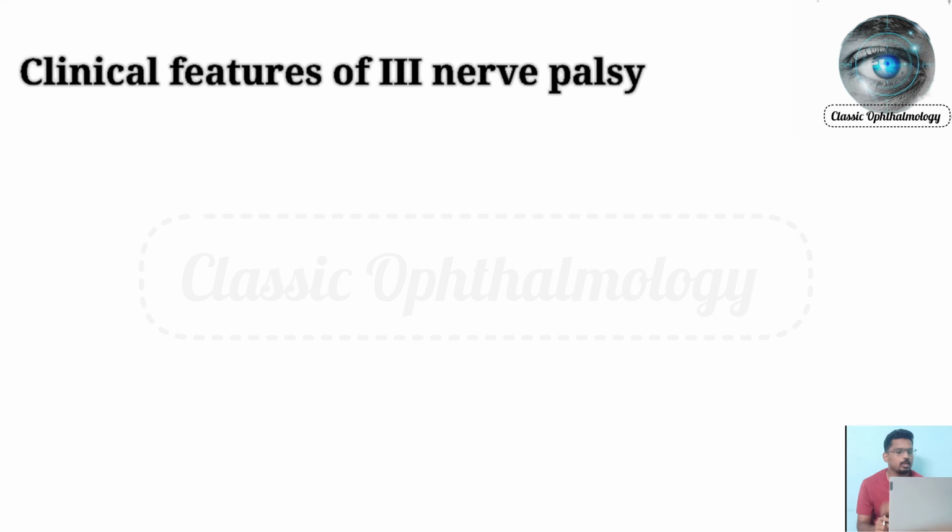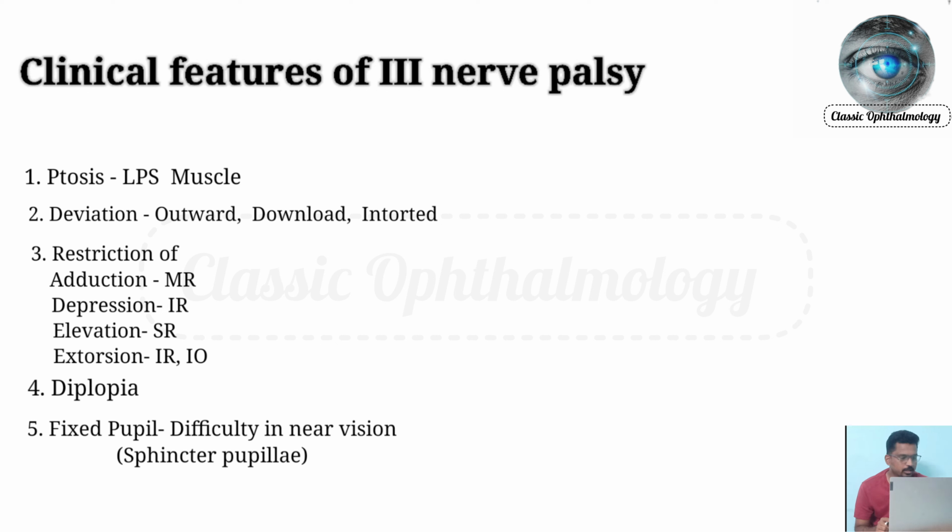Now, what are the clinical features of third nerve palsy? The first and very important one is ptosis, due to paralysis of the LPS muscle.